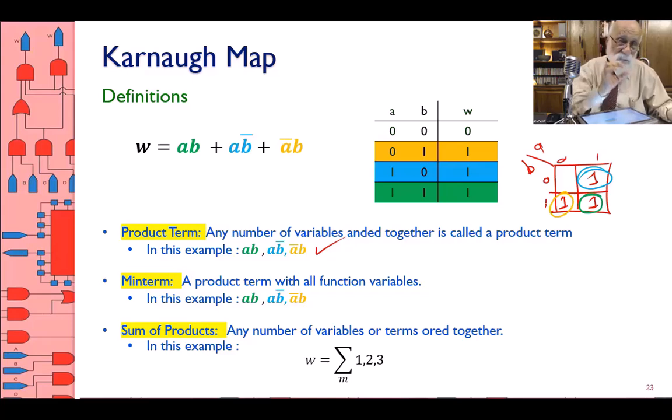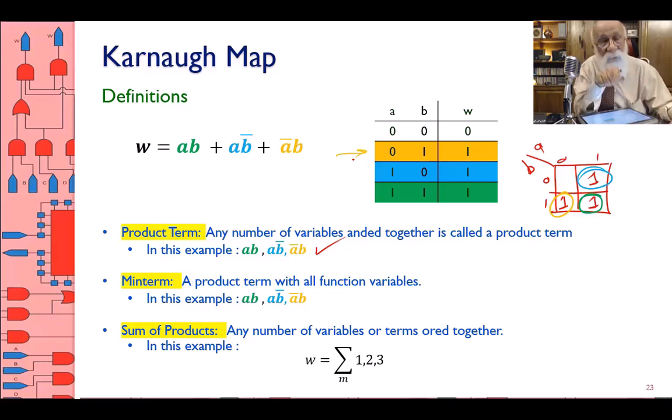Each one of these circles in the Karnaugh map represents a product term. The way we read these product terms is we start from the left-hand side, and we say that I have a 1 on W if A is 0 and B is 1. If I had another variable, I would say if A is 0, B is 1, and C is 0, for example.